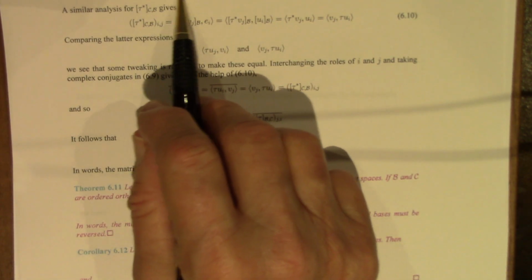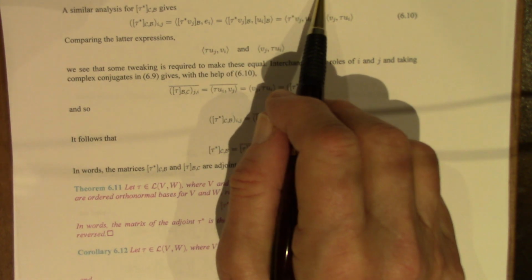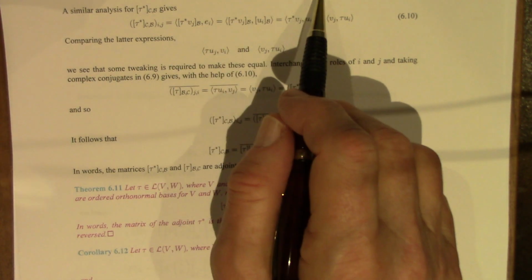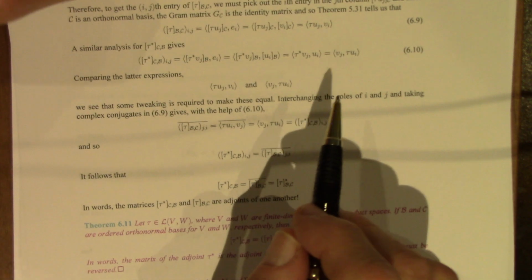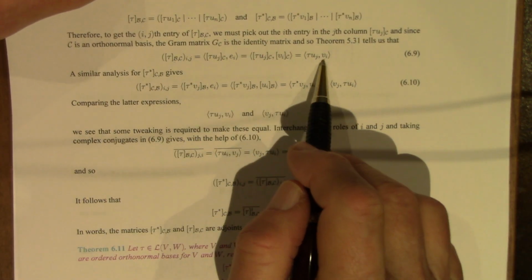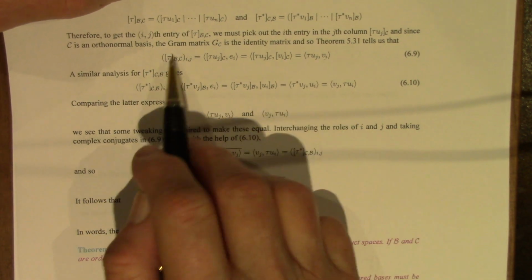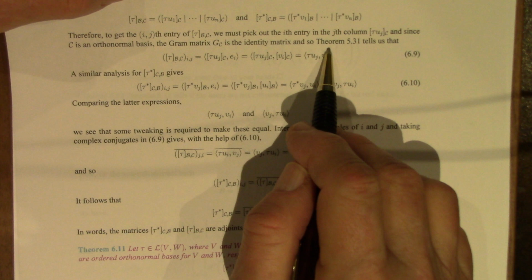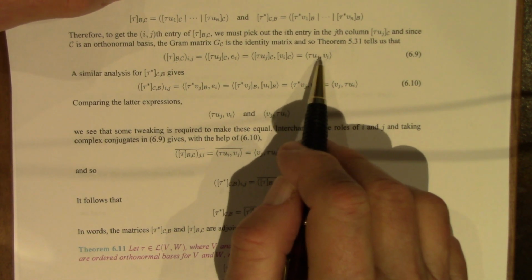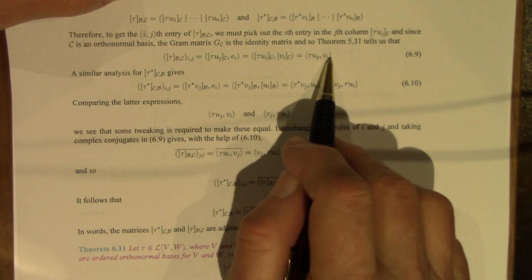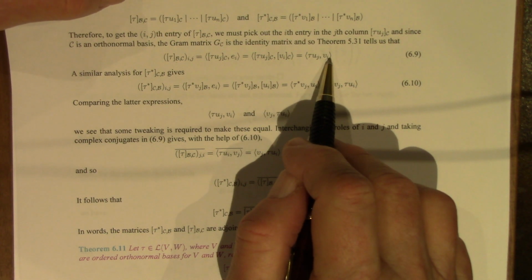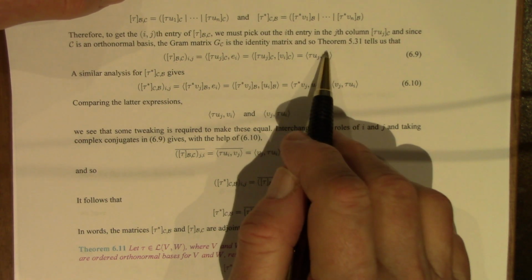So by taking this equation here, that this first one is equal to this last one, swapping i and j, putting a complex conjugate over it, that allows you to change the order of these two components and remove the bar.